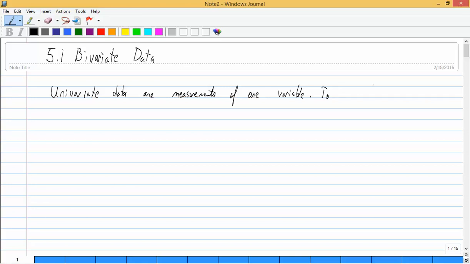To understand the relationship between two variables, data on both variables needs to be collected.